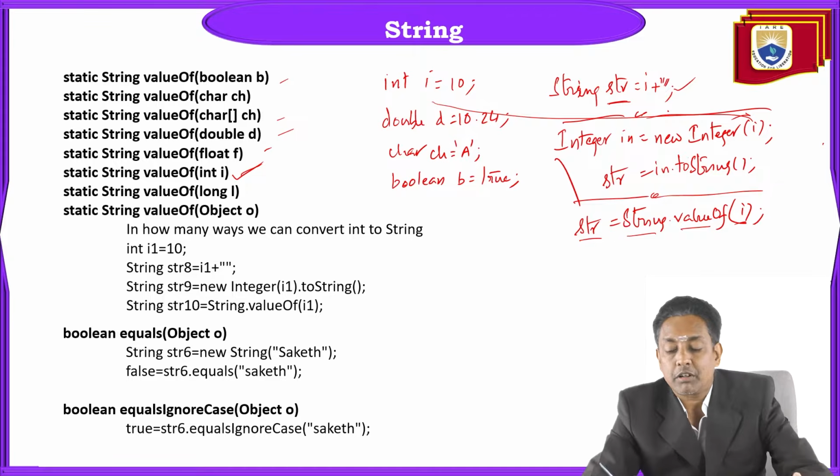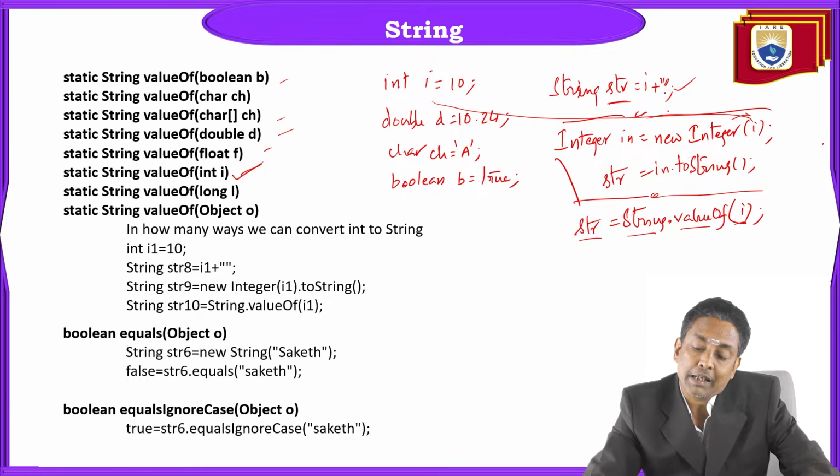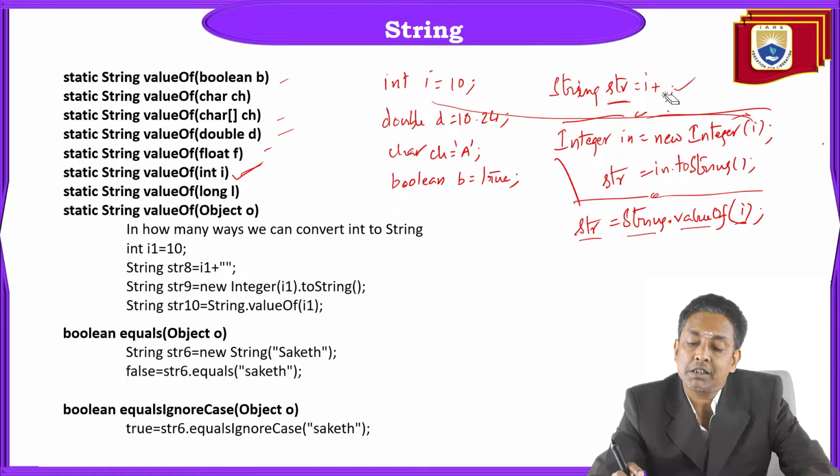But remember one more thing. During this conversion, you must be careful. You know why? During this type of conversion, you must concatenate an empty string. Empty string means double quotations without any space.